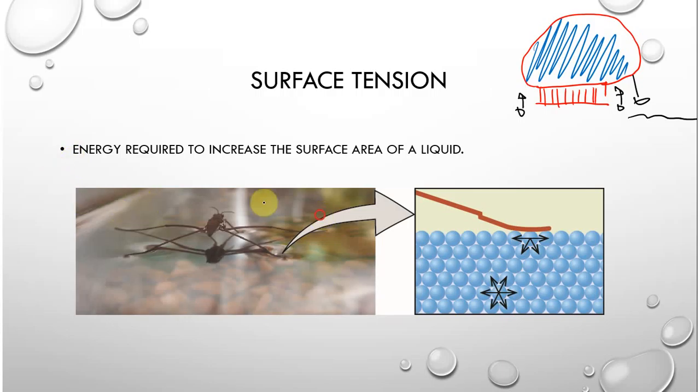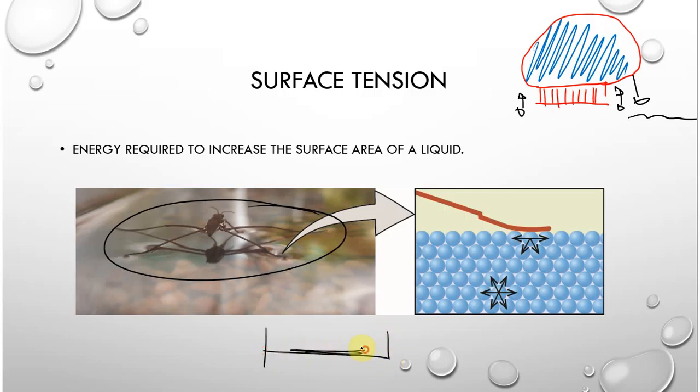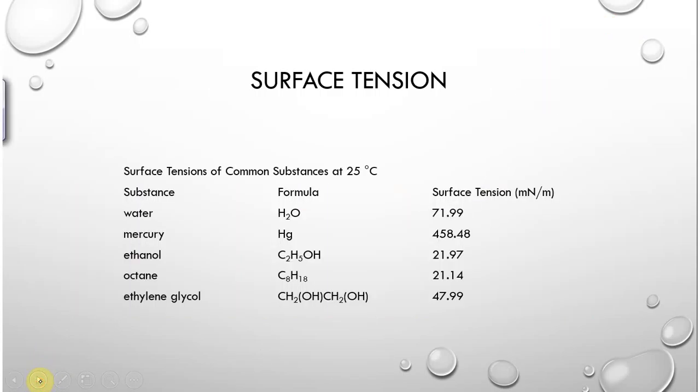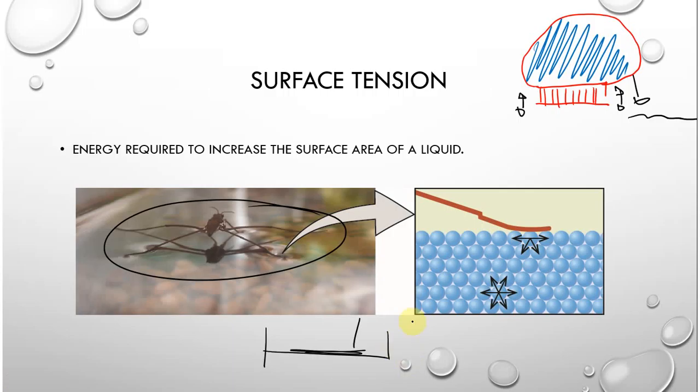You can also see this in terms of bugs or other things that can float on water. If you lay a needle lengthwise on the water and drop it in like this, it will actually float, versus if you drop it like this, where there's not enough surface ratio to counter that mass. You can also look at it in terms of a leaf, although leaves, twigs, and other things have to do a little more with density.